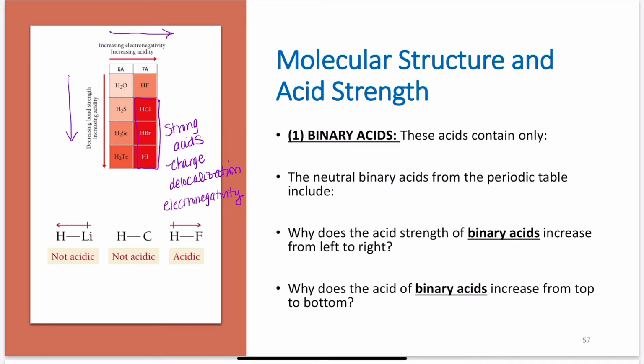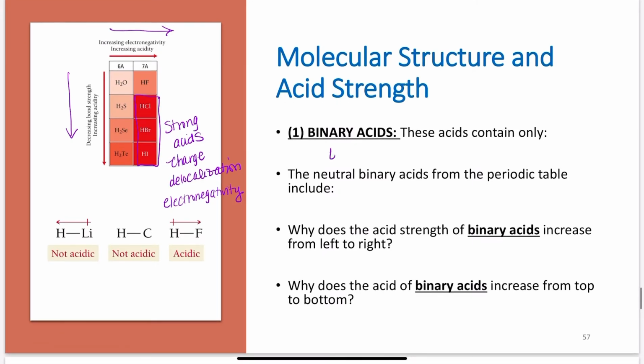But we need to talk about 2 different types of acids, binary acids and oxyacids. Binary acids themselves, and that's what this chart is looking at, contain only 2 elements. They have hydrogen and one other element.